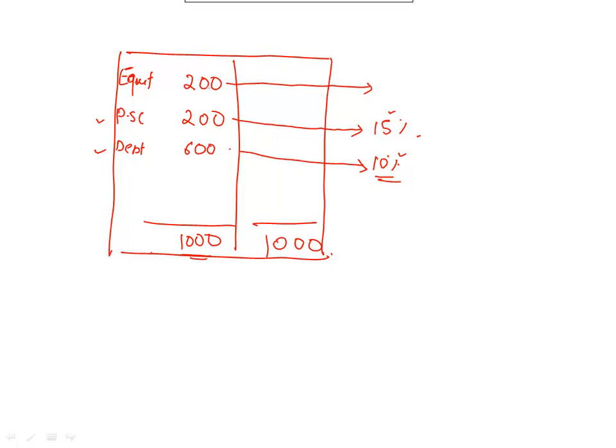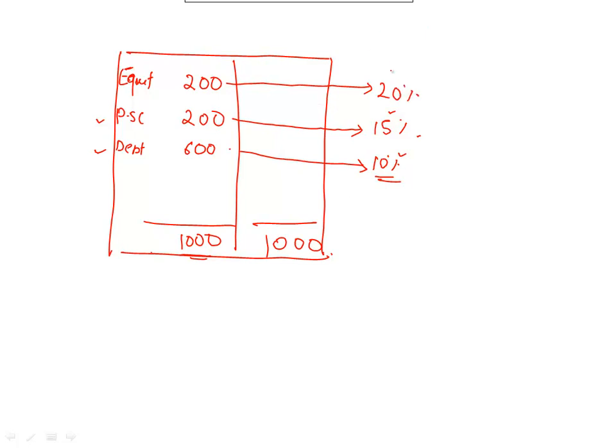Now these equity holders are the ones taking maximum risk in the business, because if something goes wrong, they would be paid last. So the return that they should expect should be greater than 10% and 15%. How do we calculate that? That's what we want to study today. But on a broader level, I'm simply assuming this to be 20%.